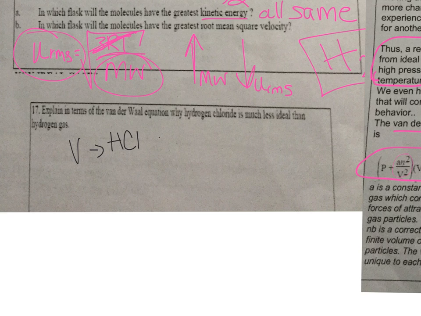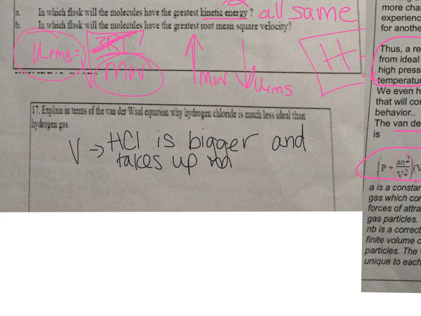HCl, yeah, HCl is bigger and takes up more space. Okay, and therefore you need to add in that extra little bit for the volume being accounted for, okay, or taking away from it, sorry.